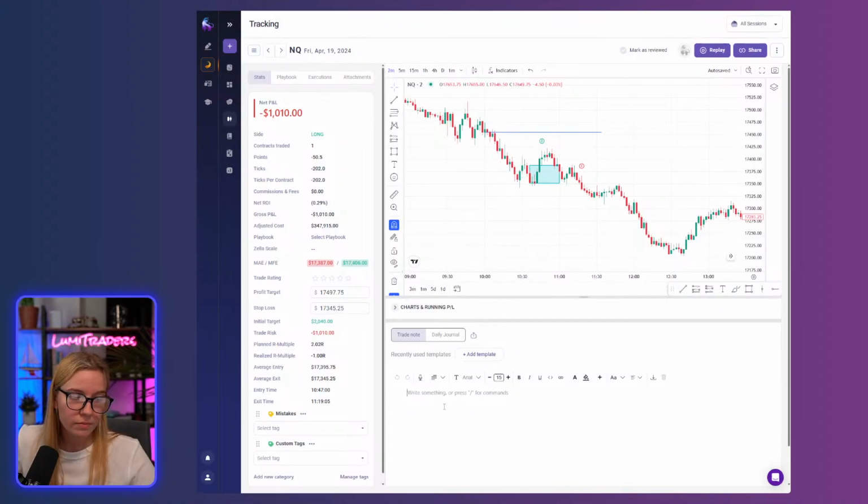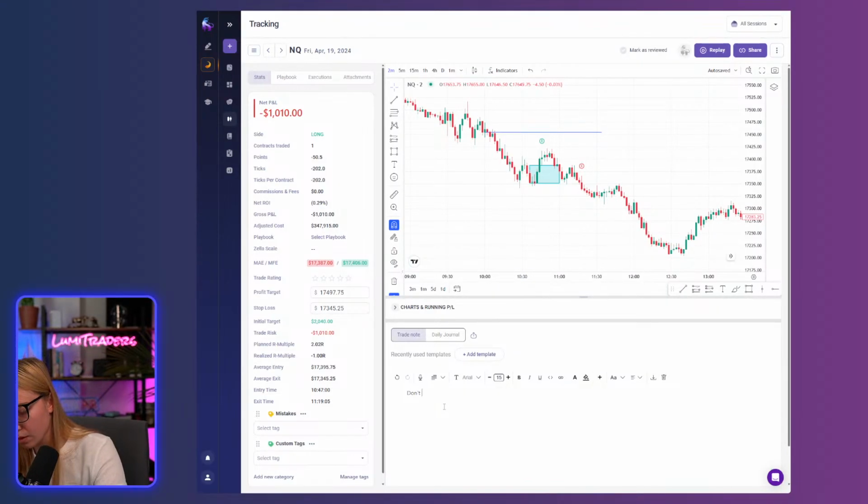So conclusion: don't trade this model in a trend day if the high time frame level remains lower, higher.